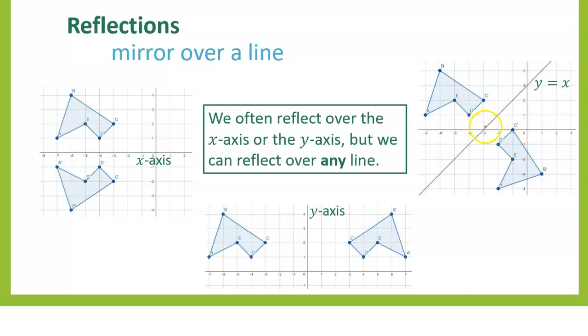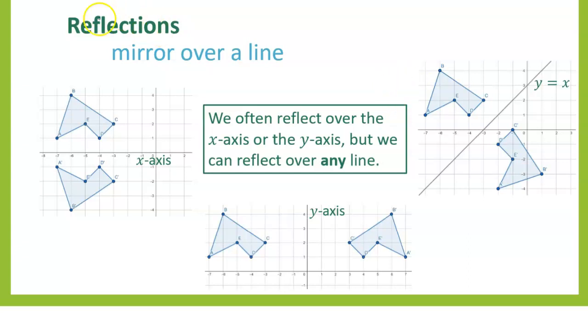Similarly, D is one diagonal, D prime is one diagonal. Or E is two diagonals, 1, 2, away from the line. E prime is also 1, 2 diagonals away from the line. So any line would have the same distance between the image and the pre-image.